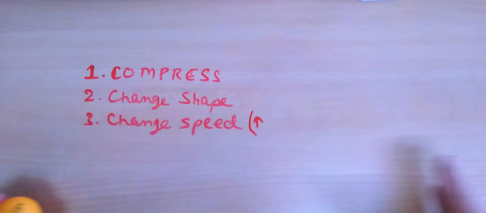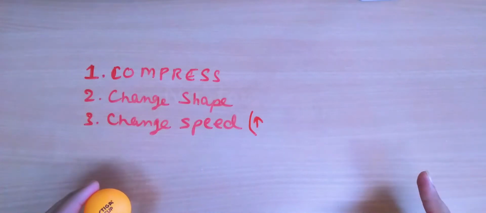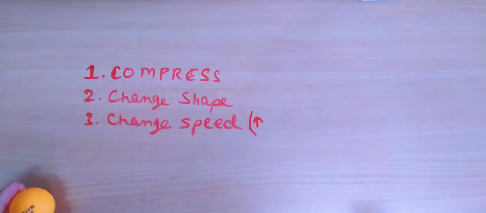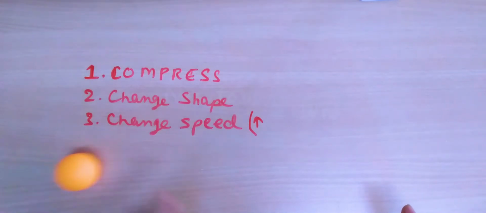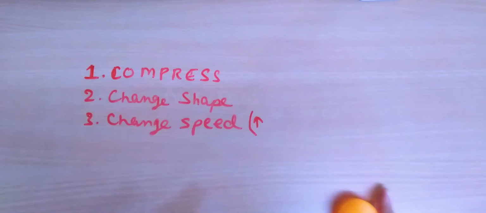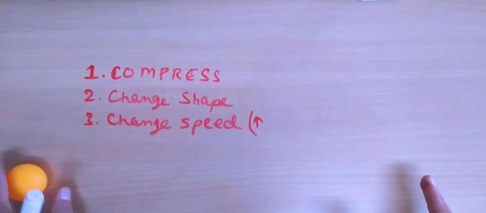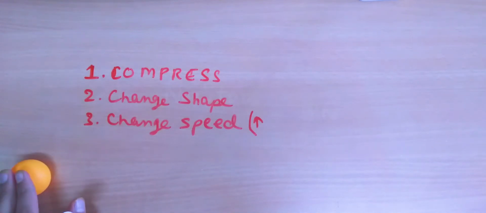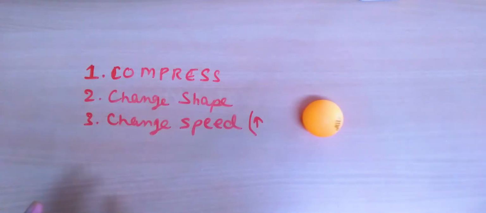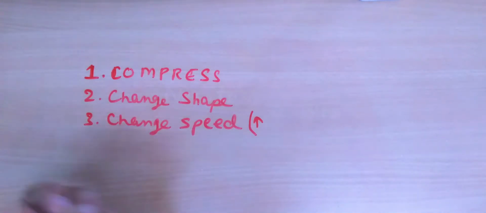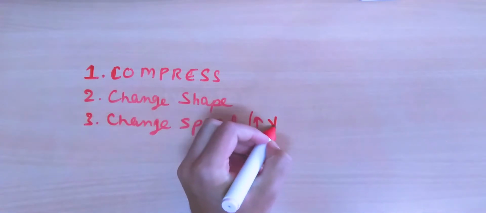Let's say the ball is already in motion. I can give it a slight push from this side and stop it, or in other words, decrease its speed. See, it's moving. By applying small force, I can actually slow it down. See, obviously it's very difficult to stop it exactly, but yeah, there you go. I can almost stop it, or in other words, decrease its speed by applying force.